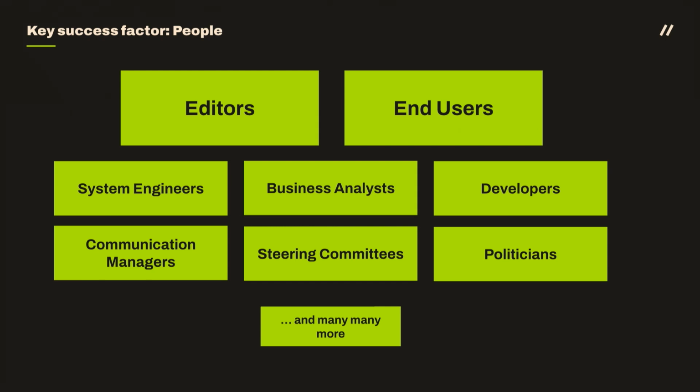We had to talk a lot to steering committees in order to get greenlit, to get the budgets we need. And being a public administration, we had to think about the feelings of politicians as well and manage those, which sometimes was a bit tricky, but I think it paid off because we had a lot of leeway to try out things that you wouldn't usually think a public administration can do.